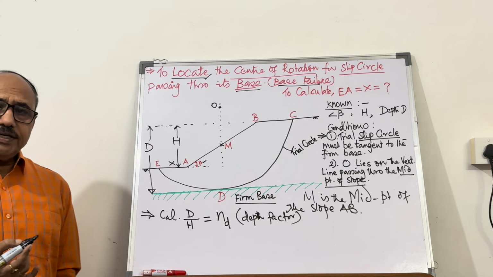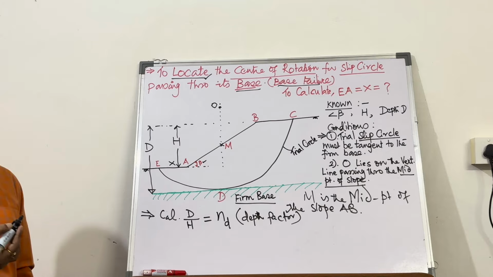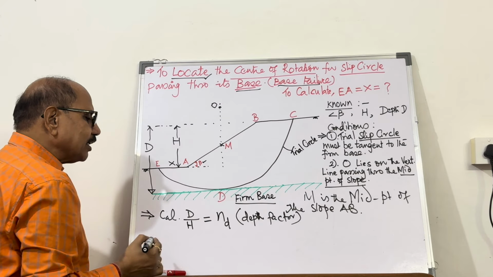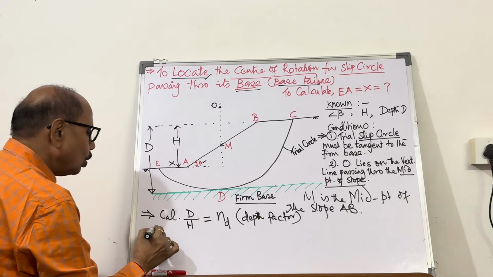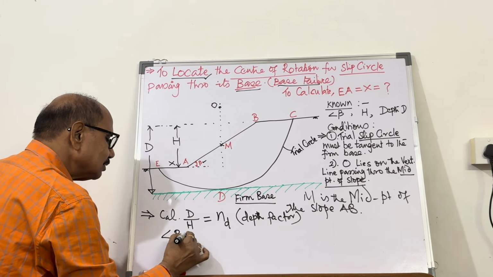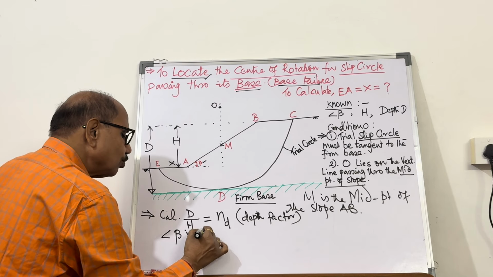So we can calculate the depth factor very easily, and once you calculate the depth factor, you know the angle beta. So the slope angle beta is measured and is known.